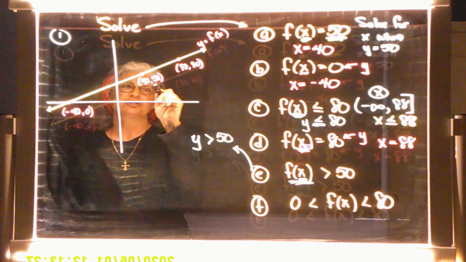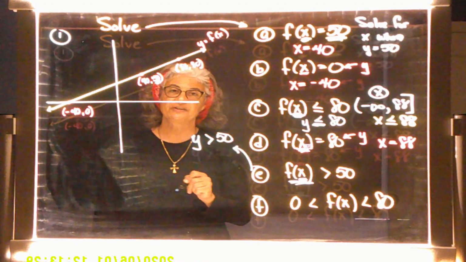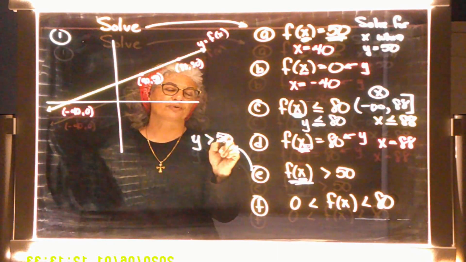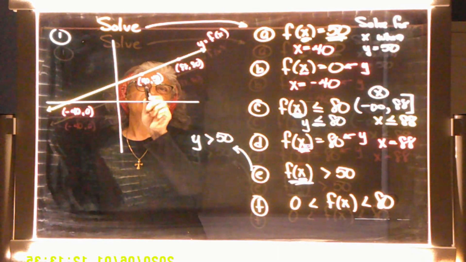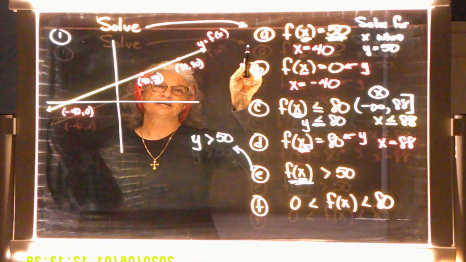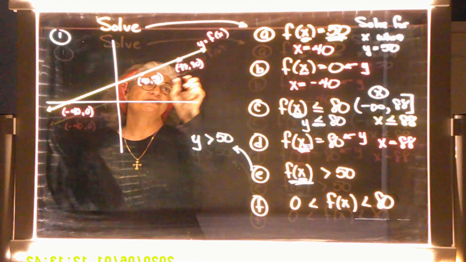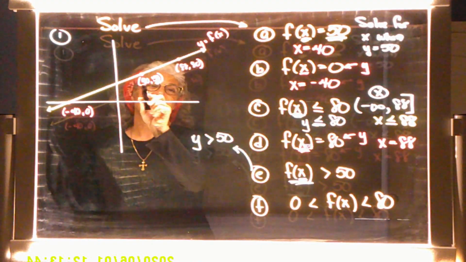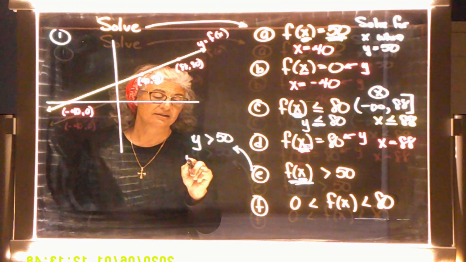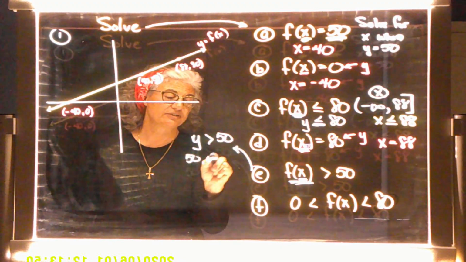And I'm looking for the x values that help me keep the y's greater than 50. So if I take a look, here's my y value of 50. What x values keep it greater than 50? Well, yeah, they start here and the y's go up when we go to the right. So they start at 50 and they keep going out to infinity, don't they? So I could write it from 50 to infinity.